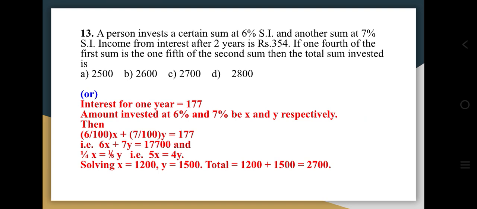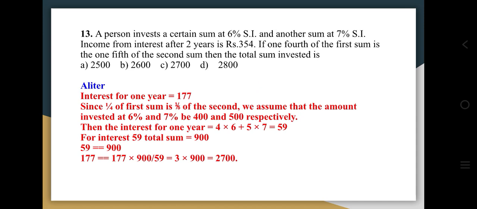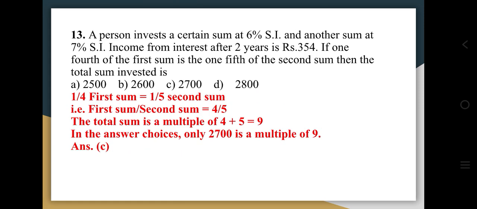If you solve it, you get x equal to 1200, y is 1500. So the total amount is 1200 plus 1500, that is 2700. So simple observation on the answer choices may give, in some problems, a simple method to solve the problem.